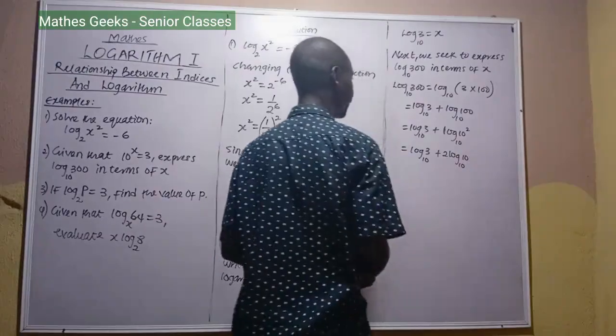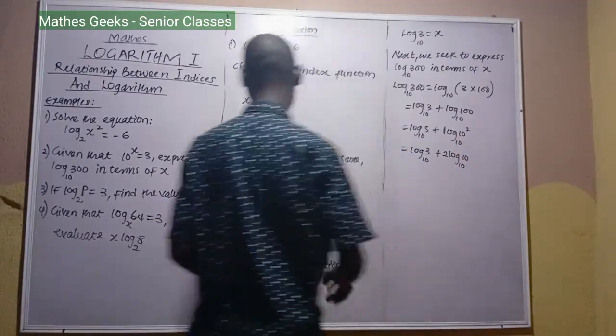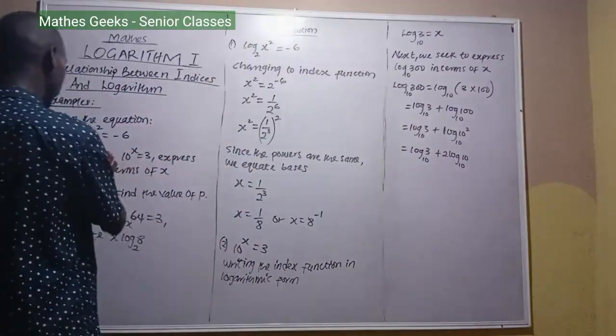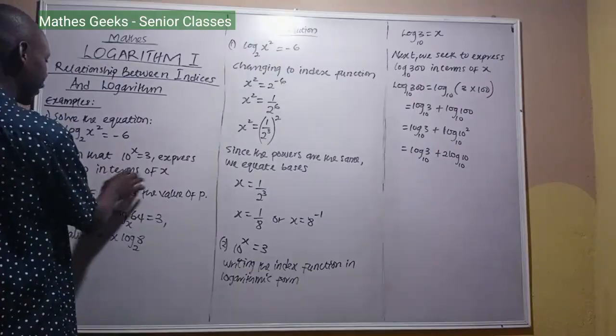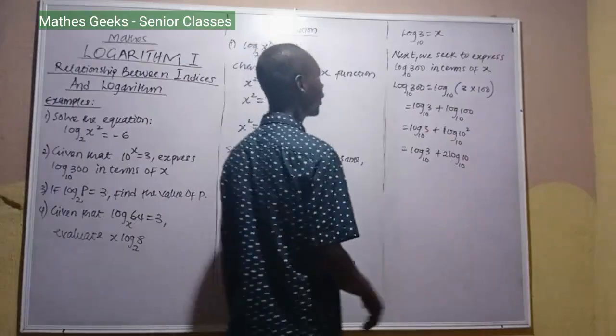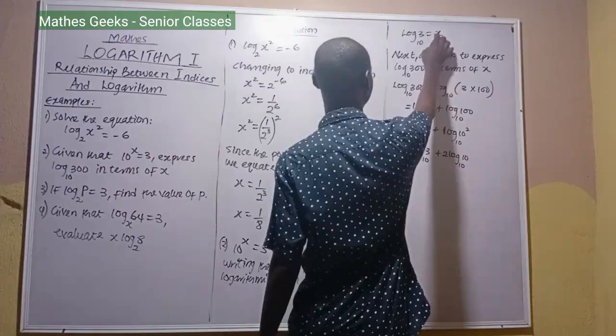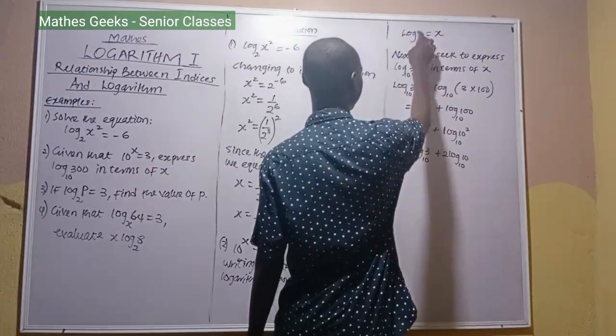Now we're told from the question, given that 10 raised to the power x is equal to 3, express log 300 to the base 10 in terms of x. In terms of x means that x should be in the formula, and what is x here? x is equal to log 3 to the base 10.